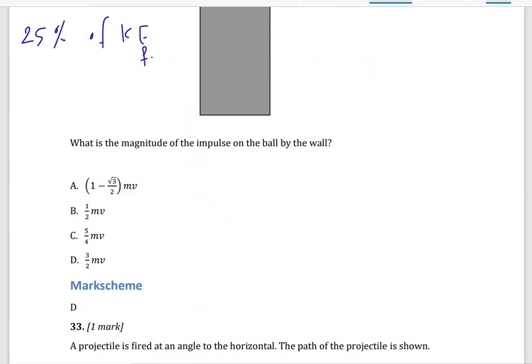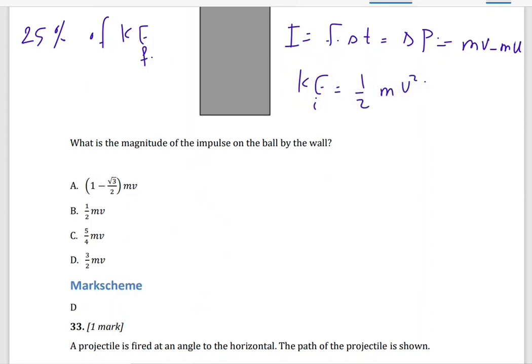Now, how can I find the impulse? Impulse is force times delta t, which is the same as change in momentum. Change in momentum is mass times change in velocity, V final minus U initial, since I have the same ball. The kinetic energy initial, before it collides, is half m v squared.